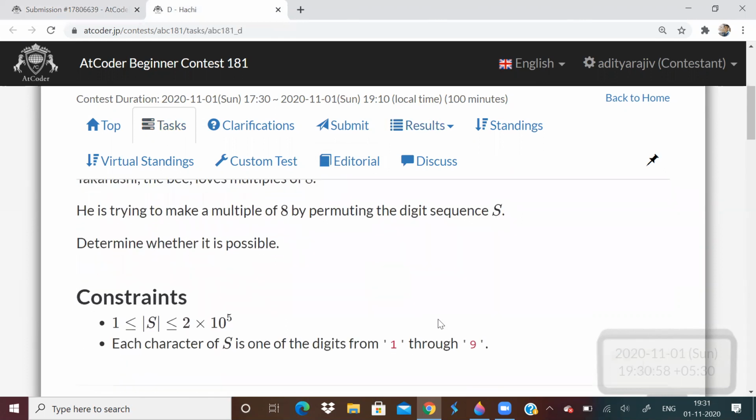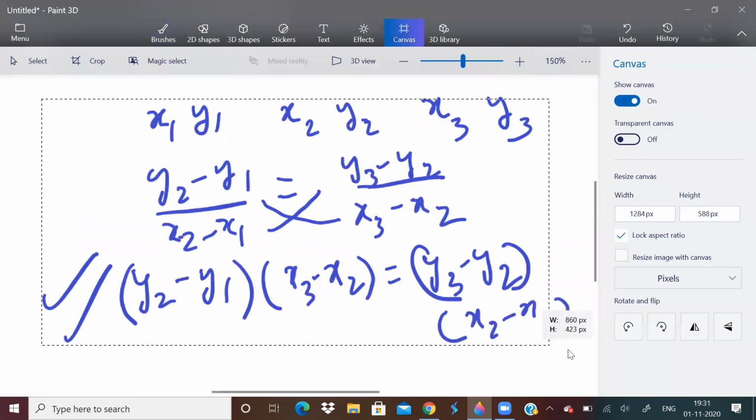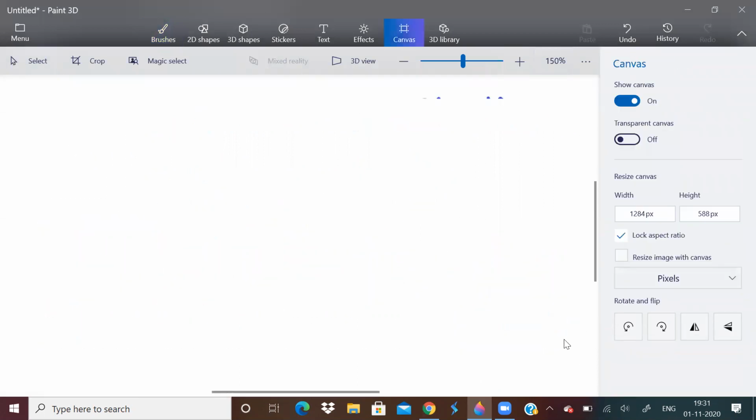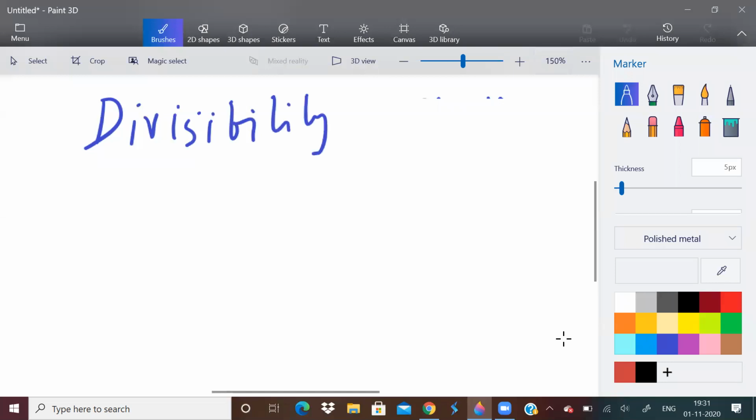But what I want to tell you before going is, what is the concept? So the concept is the divisibility rule for 8. What is the divisibility rule for 8?